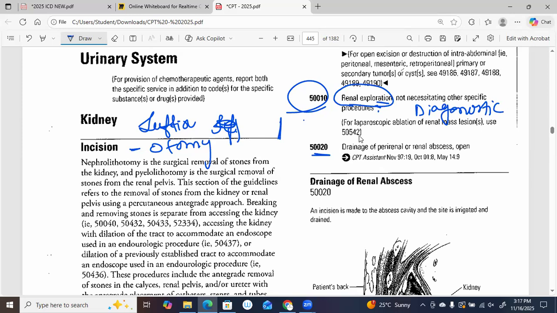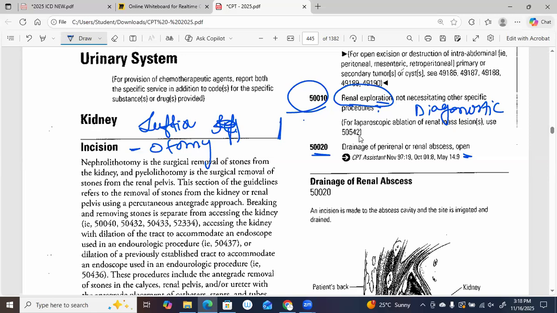Next code we have is 50020, drainage of perirenal and renal abscess. The treatment for a renal abscess can be open or percutaneous. This one is open. We have a separate code for the percutaneous. Percutaneous means through the skin.